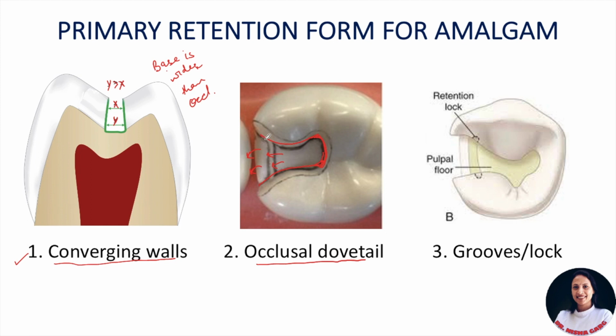We can also make retentive grooves with a small round bur here in the axiofacial and axiolingual line angles to prevent the displacement of the restoration out of the proximal box.